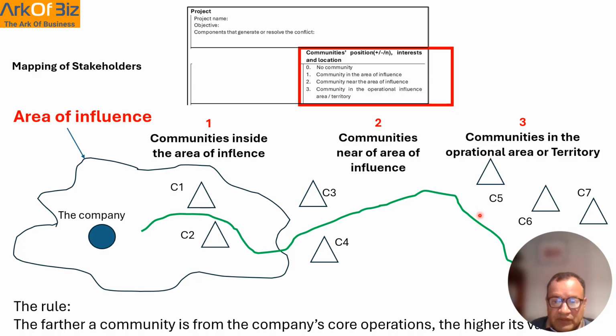For example, Community 5, 6, and 7. These communities have a value of 3. Now, the rule is simple. The farther a community is from the company's core operation, the higher its value.